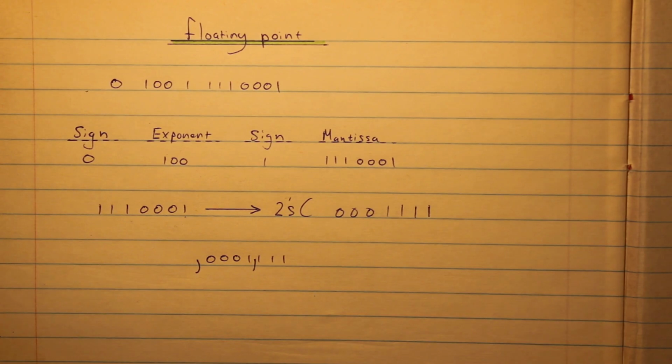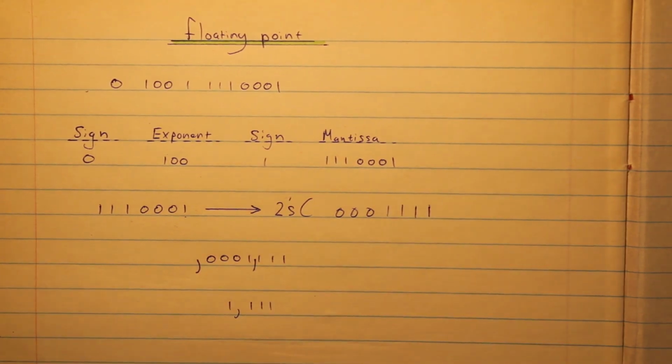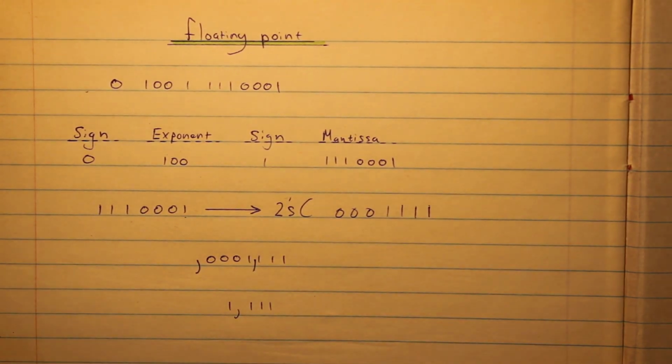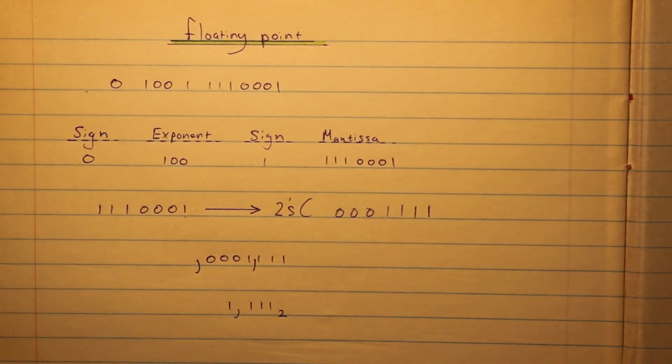Then we can write down the number. That's the binary number, and that's all it is to it. We can then convert the number into decimal if we want to, or whatever other number system we want. So that's how we do floating point notation.